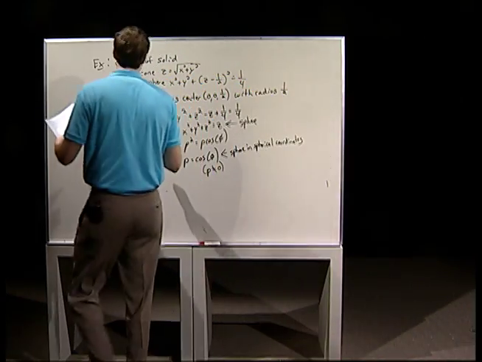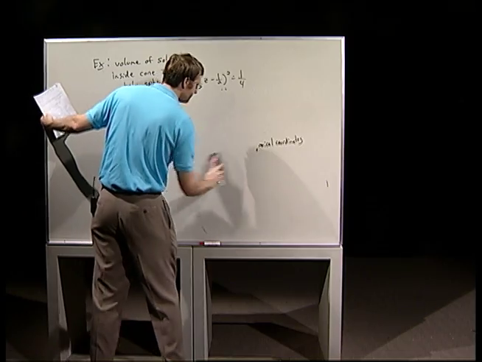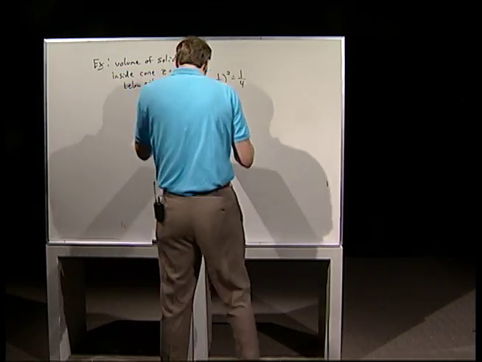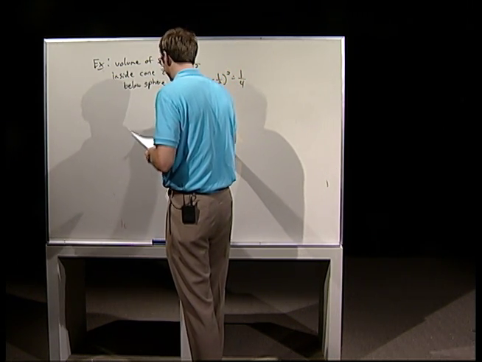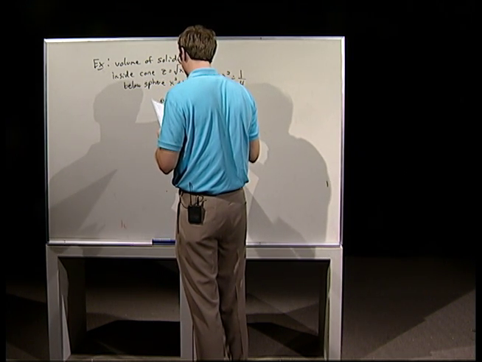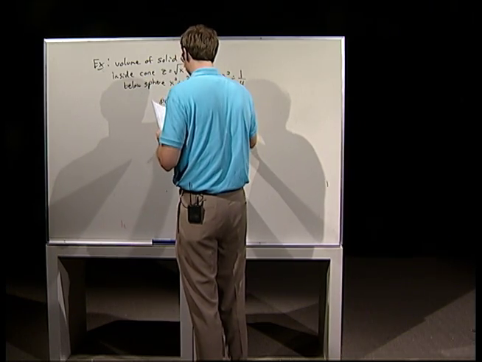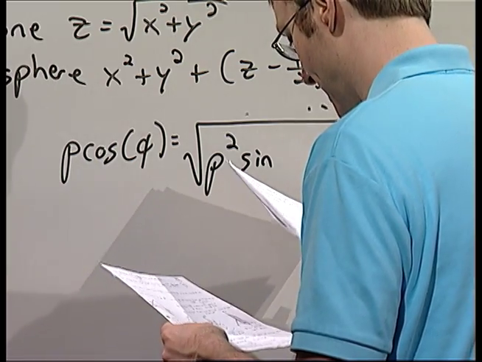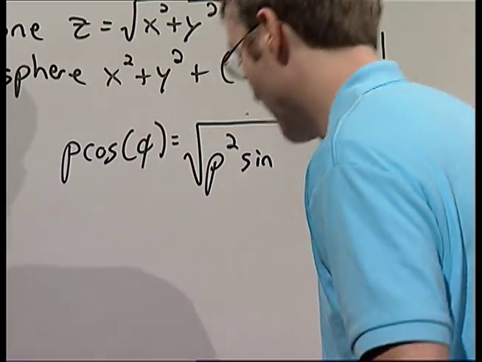How about the cone? The cone, let me erase this and leave the top part. So the cone is z, which is rho cosine phi, equals the square root of x squared plus y squared. Even better, let's just recognize that's r.